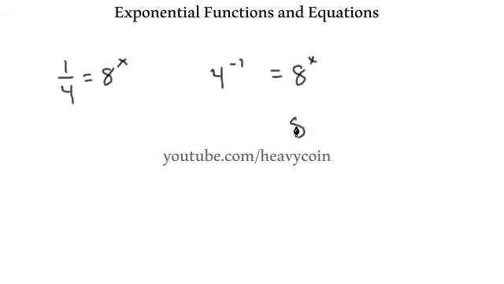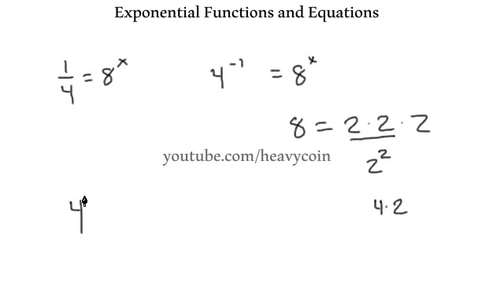We know that 8 is 2 times 2 times 2. So if this was written as 2 squared, this would be 4, right? Let's see, 4 times 2. We're getting close here, I think. Let me rewrite this down here.